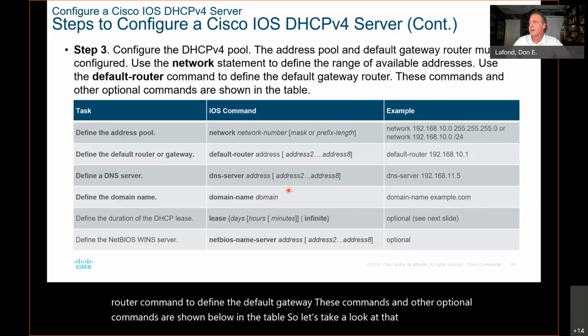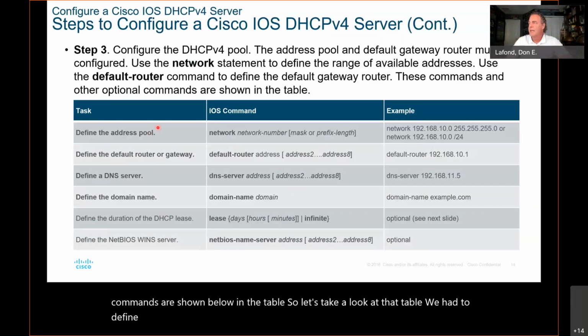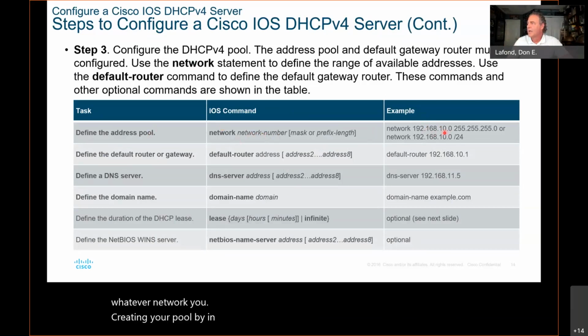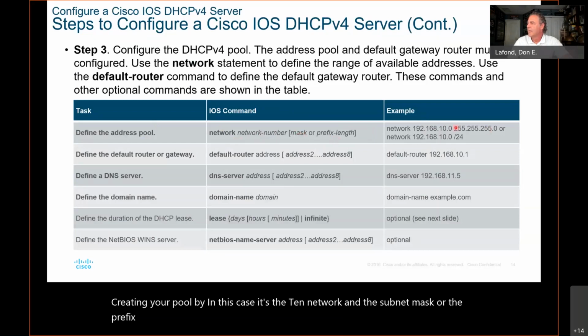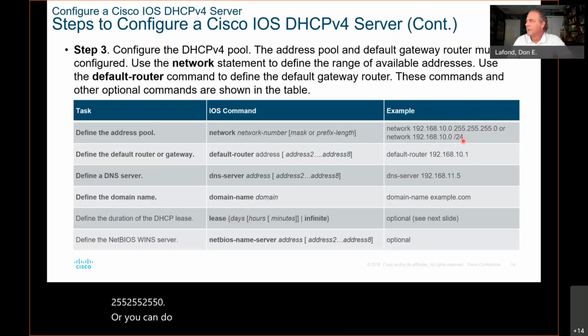We have to define the address pool, its network, and then the network address. Here's the example. Whatever network you're creating your pool for, in this case it's the 10 network, and the subnet mask or the prefix length. So you can do 255.255.255.0, or you can do /24.